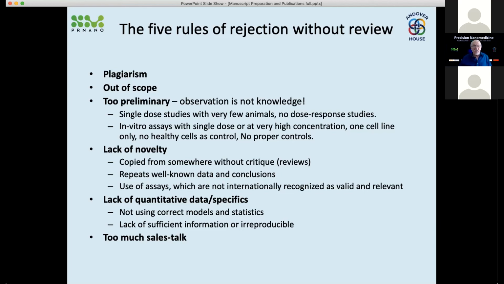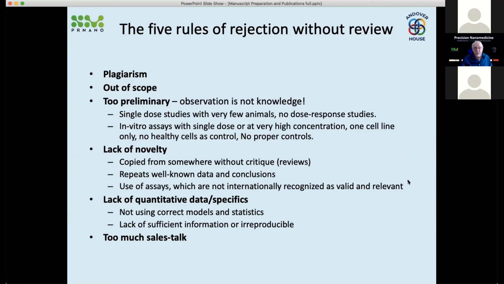Too preliminary. Again, observations are not knowledge. You need data. For example, single dose studies, very few animals, in vitro assays, single dose, no proper controls, no healthy cells as control. It also often happens. Lack of novelty.